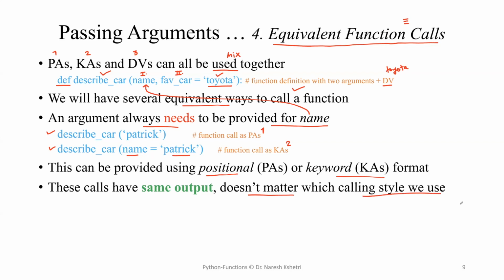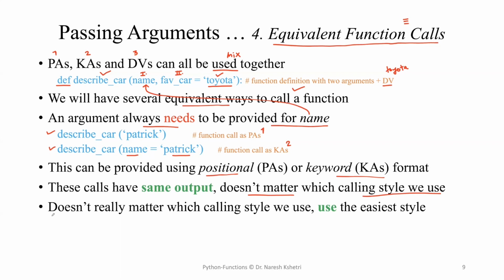The only thing that matters is your understanding level and what makes things easier for you. We will see exactly in the program implementation. So it doesn't really matter which calling style you use, either this one or this one. The thing is to use whichever you find the easiest.